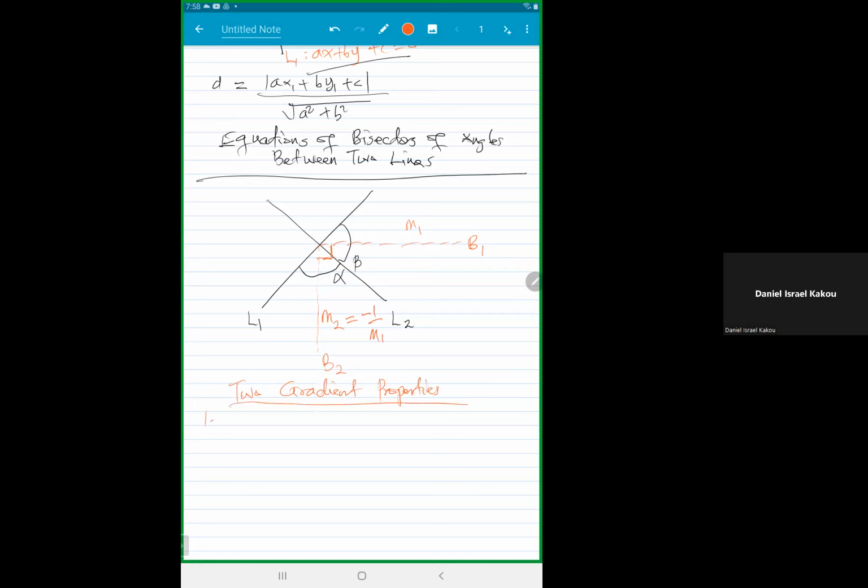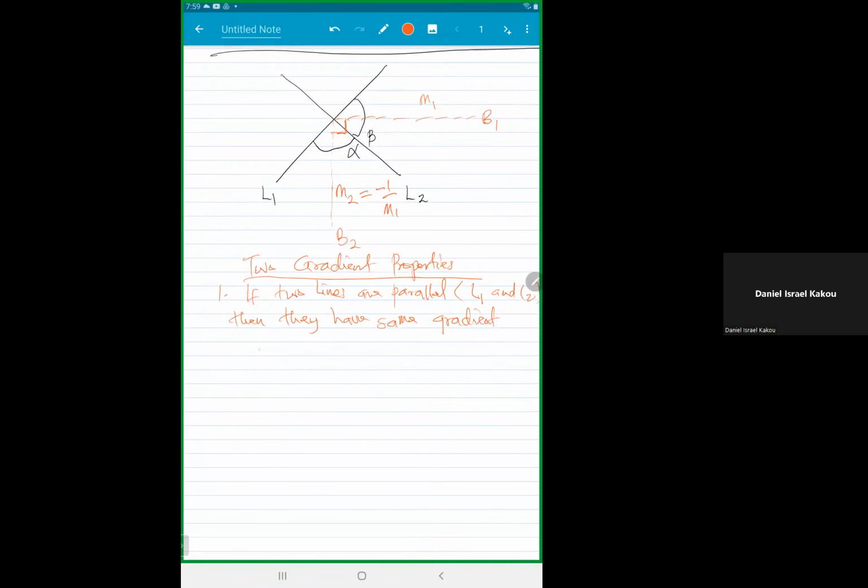The first one says that if two lines are parallel, that is, let's assume the two lines are L1 and L2, then they have the same gradients, right? They have the same gradients. That is, M1 is equal to M2.